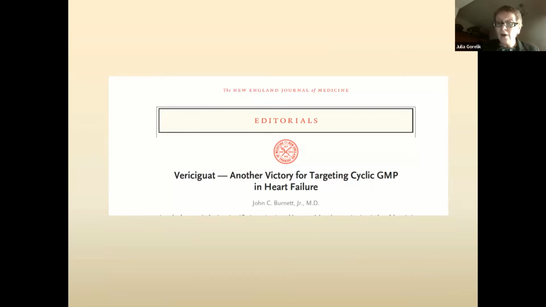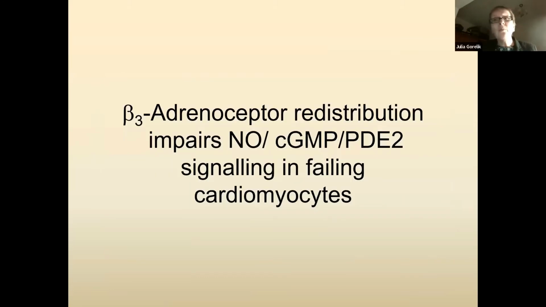And in our last work, we found beta-3 receptor redistribution in heart failure, and we found a complex which impairs the beta-3 effect on NO, cyclic GMP, and PGE2 signaling in failing cardiomyocytes.